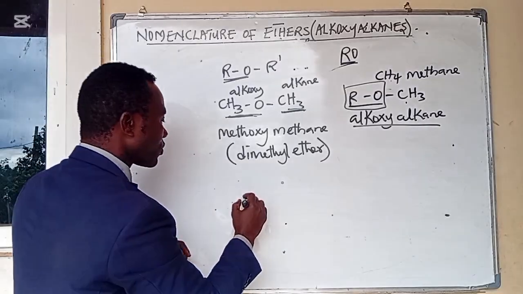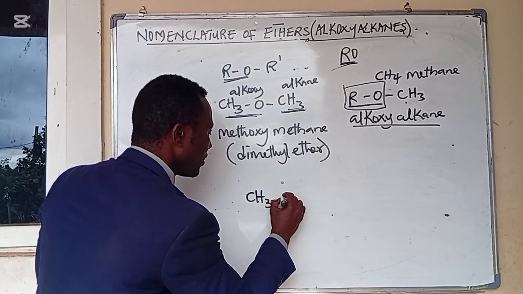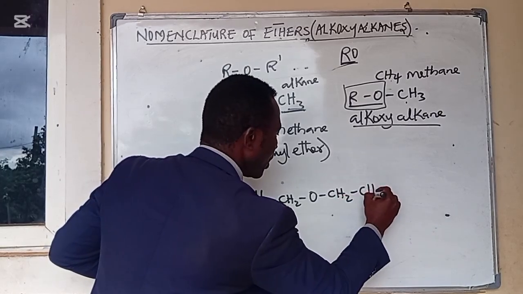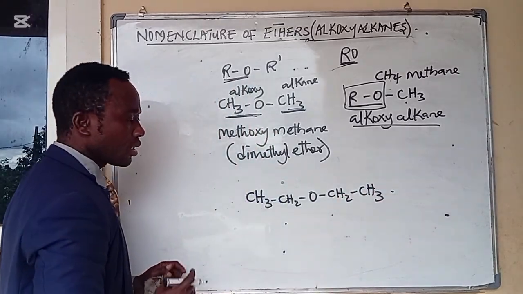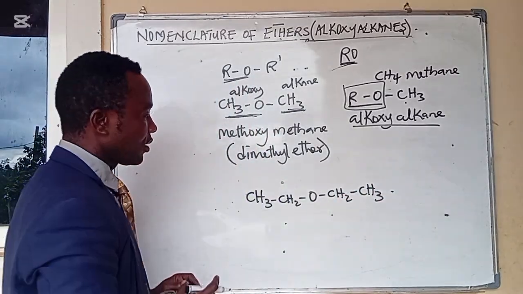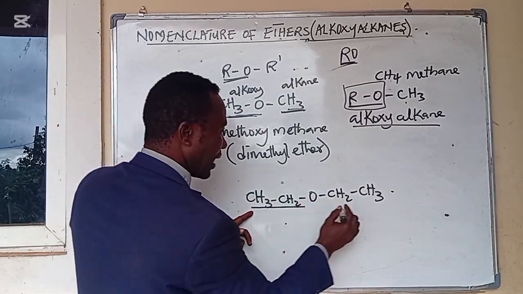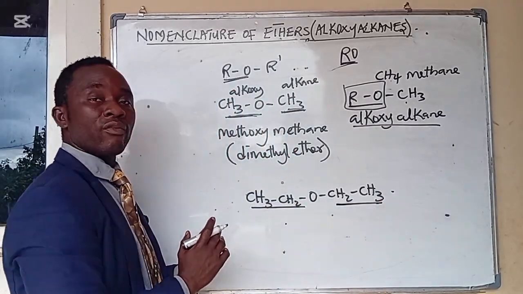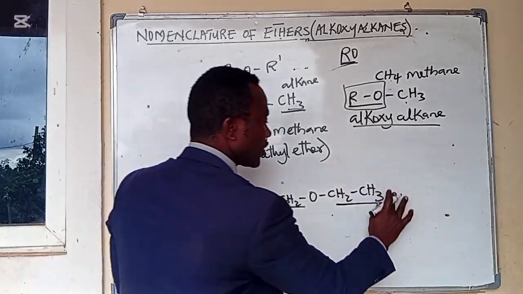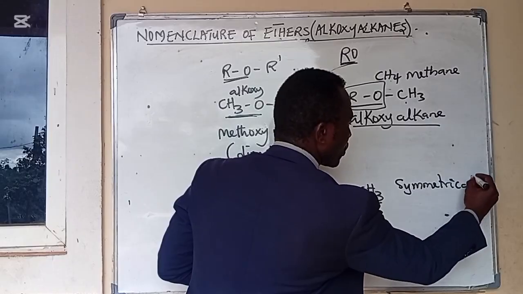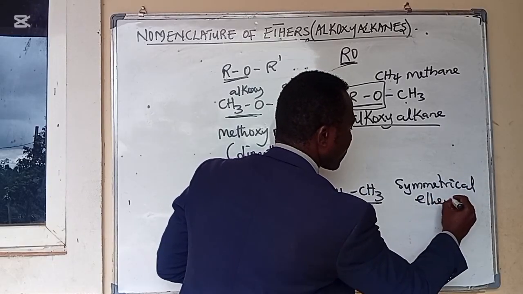Now if I have CH3, CH2, O, then CH2, CH3. What will be the name of this compound? Now, we have this side and this side being of equal carbon atoms. So this is also a symmetrical ether.